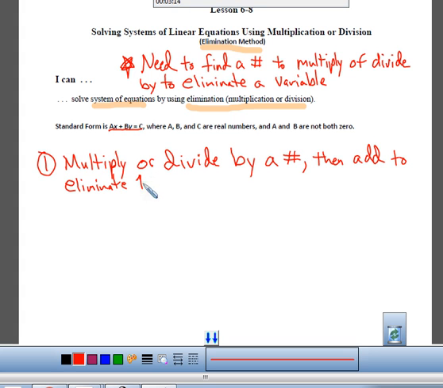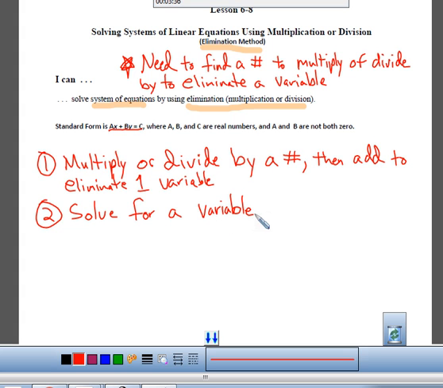Once you have eliminated one variable, then you'll be able to solve for the other variable. So we have one variable, we're going to solve for it.